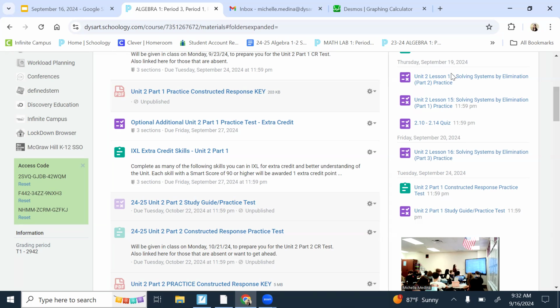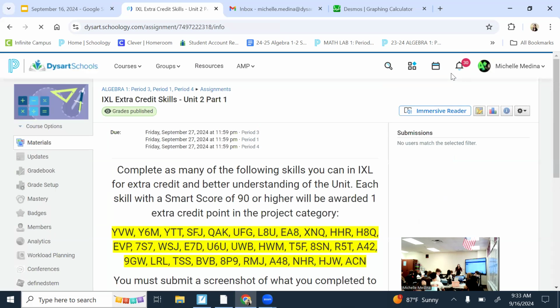This one is new, and it's something that we're gonna start offering for each unit moving forward now. We have IXL mostly to help us with our state testing next semester. But I understand that a lot of you use IXL before, and that's kind of like your safe space.